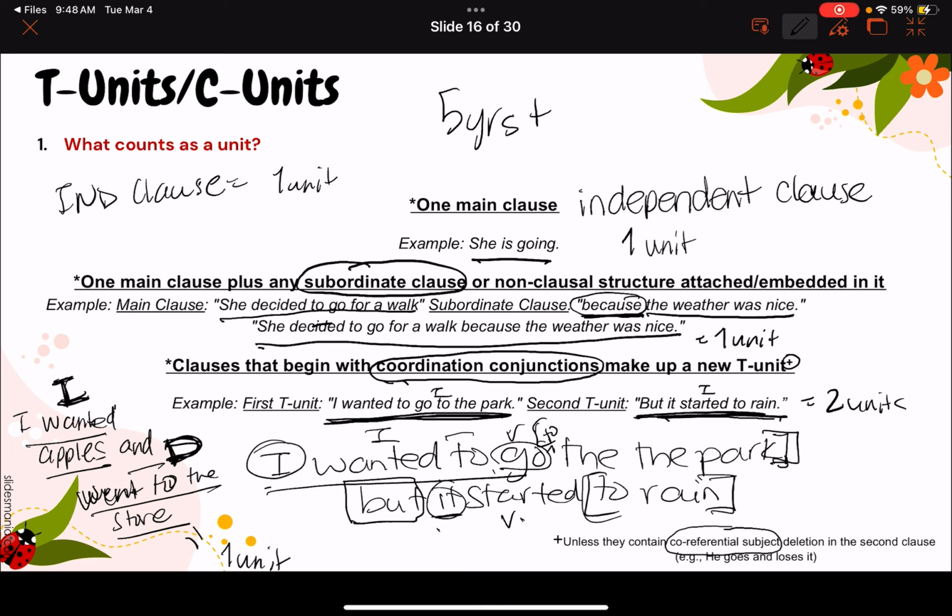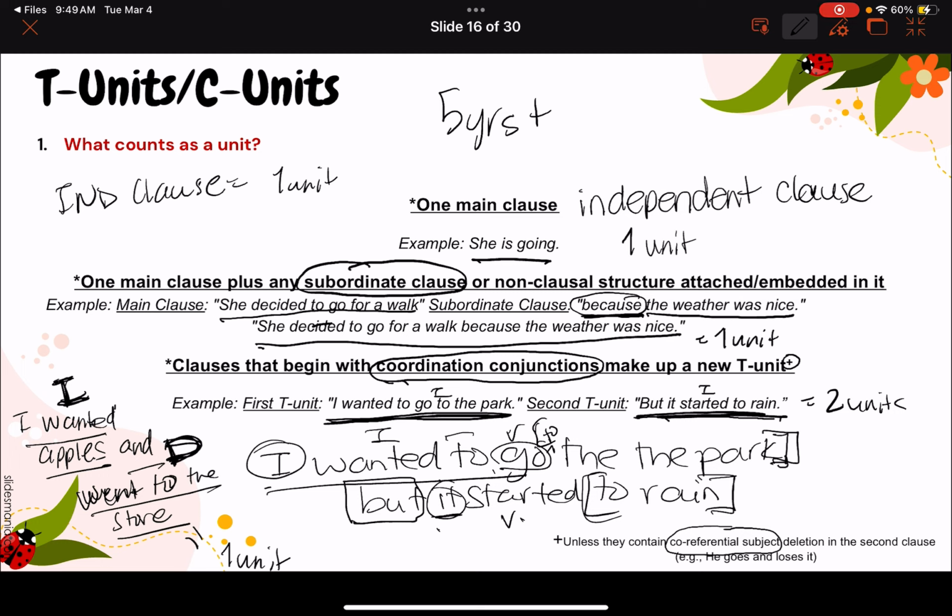If an independent clause has a dependent clause on it, then it's going to be 1 unit. If it's an independent clause joined with another independent clause, that's 2 units. So in other words, the shortest sentence that can legally, grammatically be written, that you're good to go, that's a T unit.